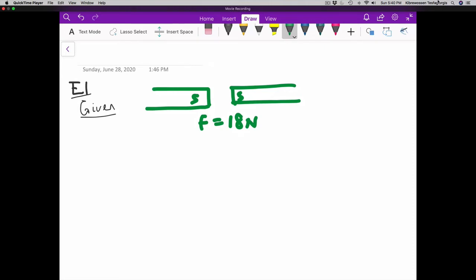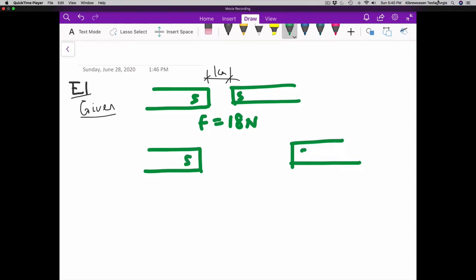Now the question states, if the distance between the two poles is tripled, right? You may imagine, as an example, say the distance between them was 1 centimeter. Now the distance between them is tripled.